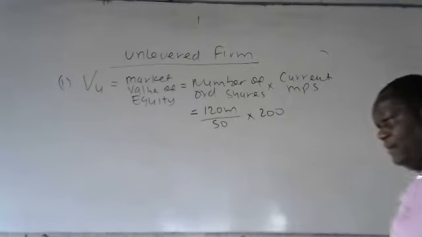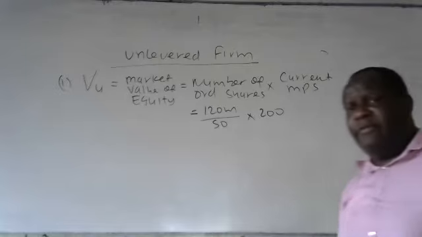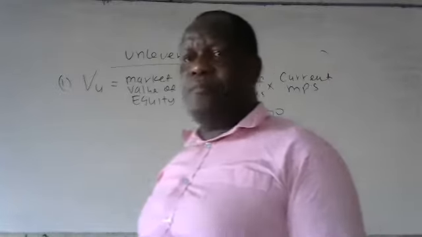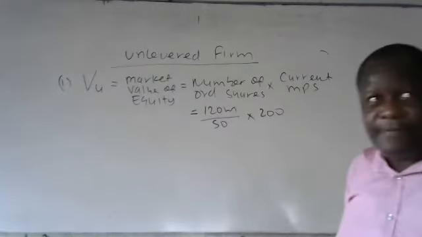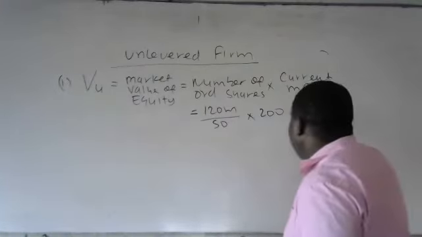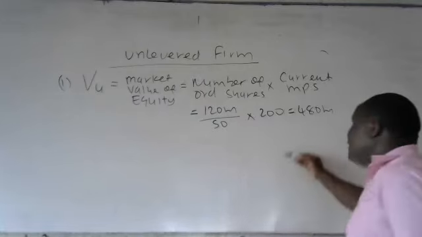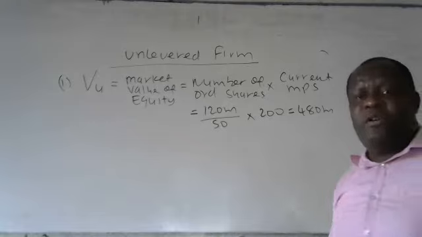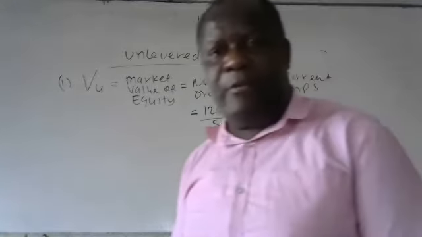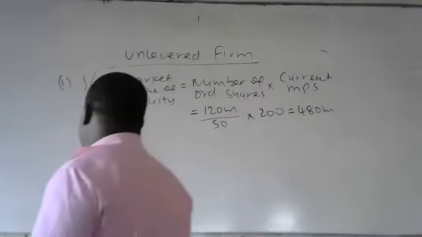That should give you the value of the unlevered farm: 480 millions. So when there is no KEU, I cannot use the other formula. The only way is to simply take the number of ordinary shares multiplied by the current market price per share.